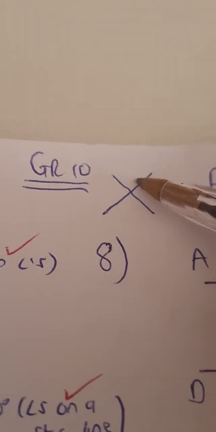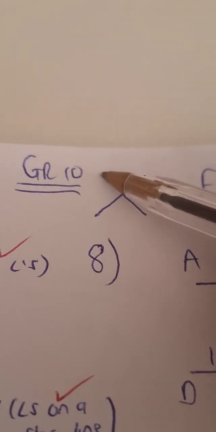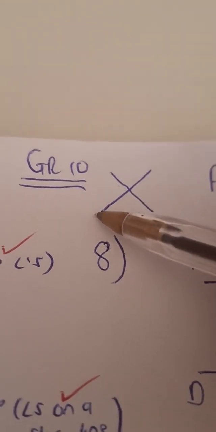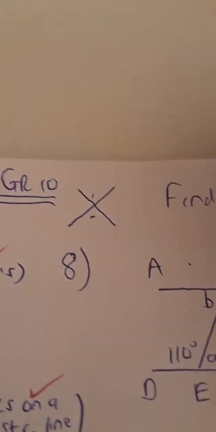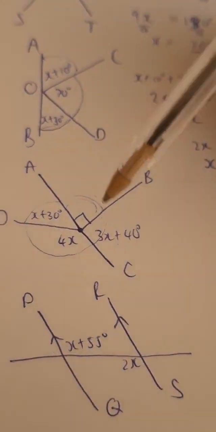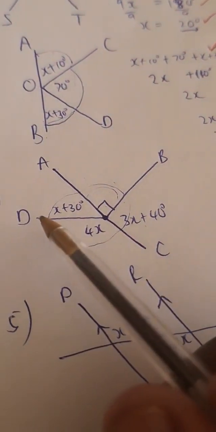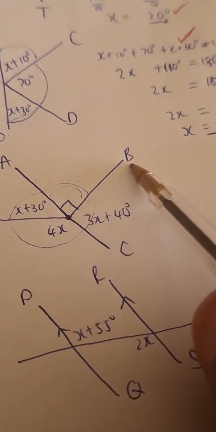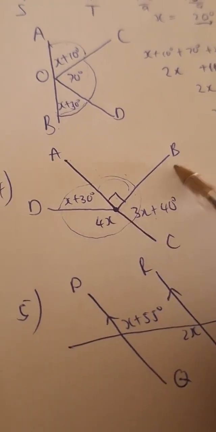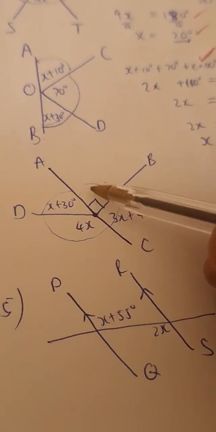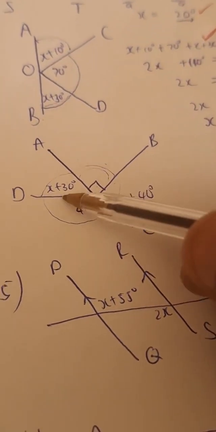If two straight lines are intersecting, this line is straight, this one is straight, then we can say these angles are vertically opposite angles. Here, you can see AC, and look at this, D, is this straight? No. So we can't say this 90 is vertically opposite to 4x.